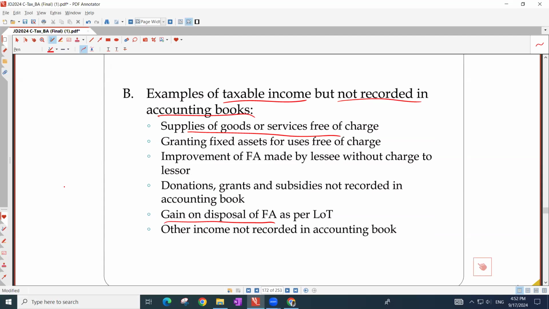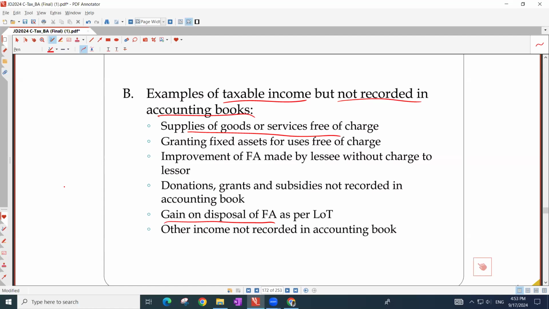If you dispose of one asset in the pool, let's say you have 1,000 chairs, but you dispose of only 100. You dispose of some part of it, you do not dispose of the pool, then you cannot calculate capital gain or loss for asset class 2 and 3.